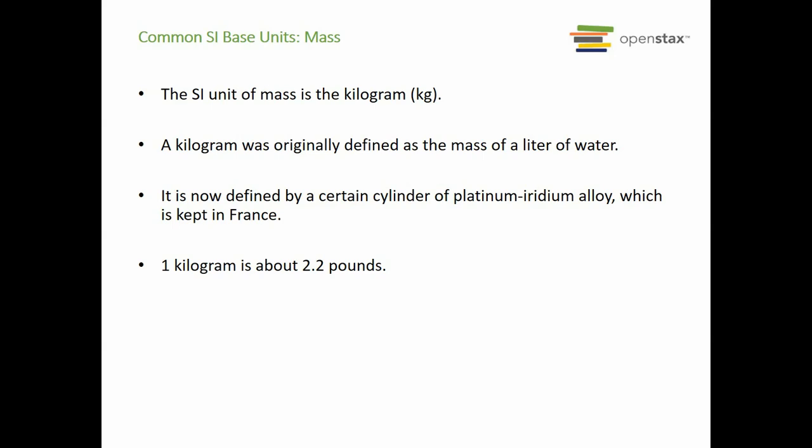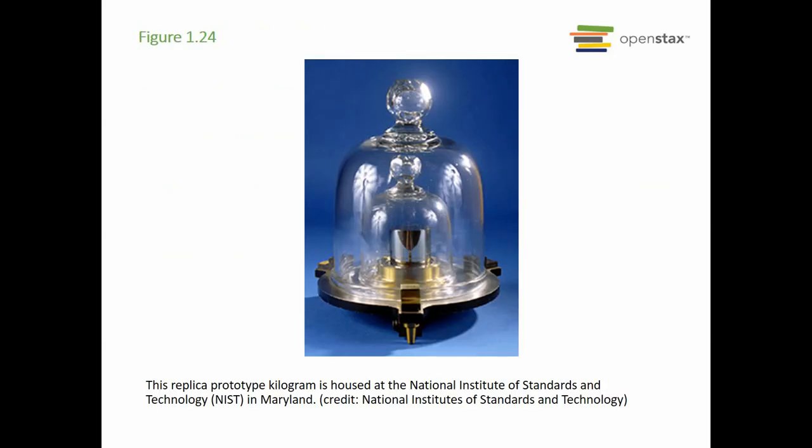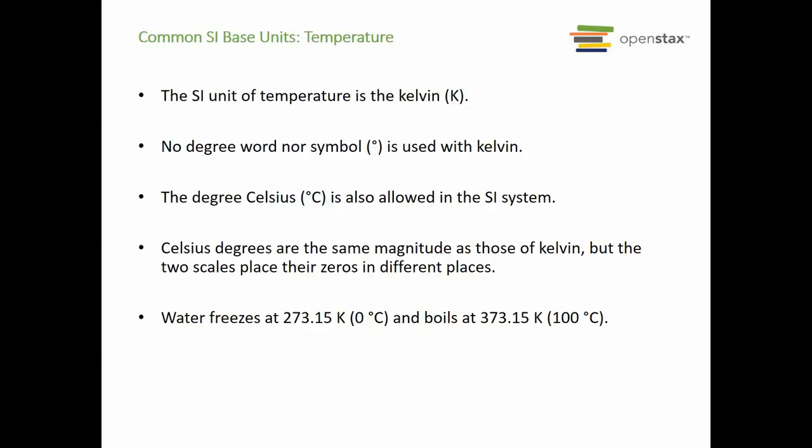It means that we can now make standards based on that definition instead of relying on this 1 platinum iridium alloy cylinder. This replica prototype kilogram, so it's not the real kilogram, it's a fake kilogram, is housed at the National Institute of Standards and Technology in Maryland. So it's not the real French one.